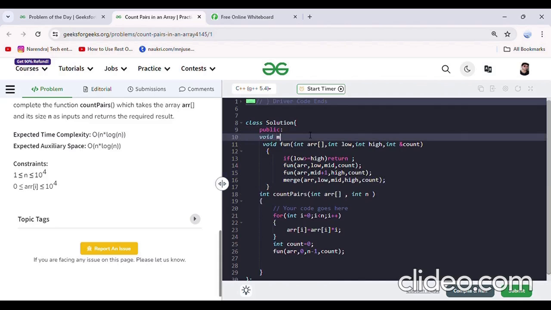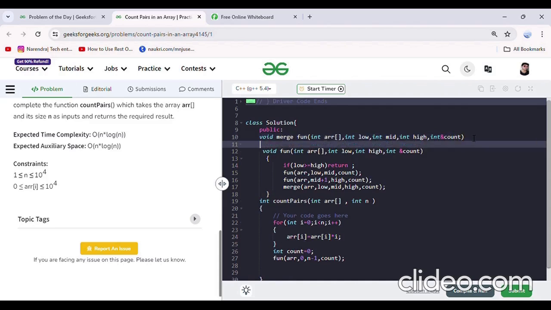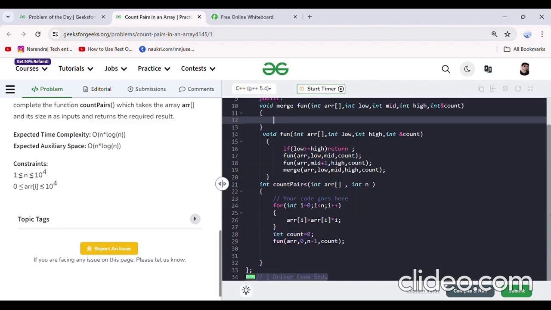void merge, arr, int low, int mid, int high, int count.